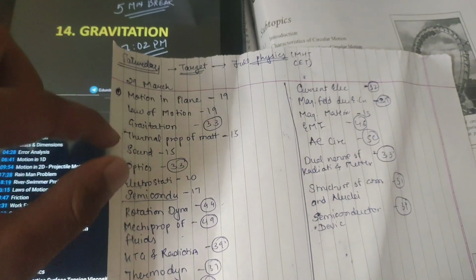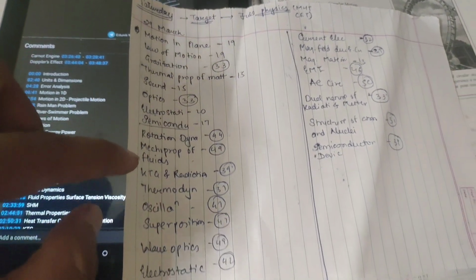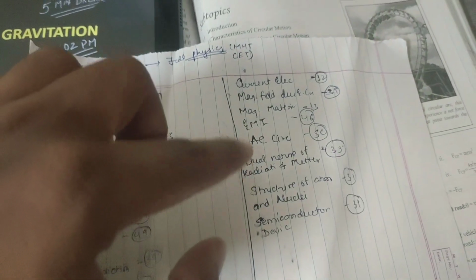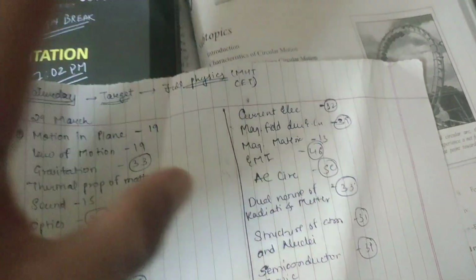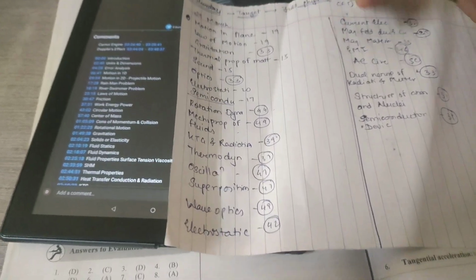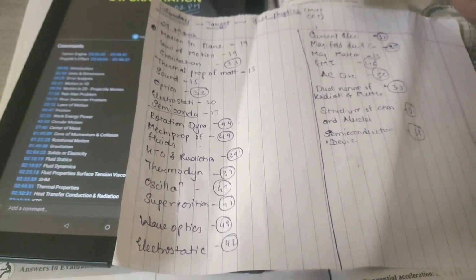I will complete this whole syllabus, all chapters, like 1 2 3 4 5 6 7 8 9 10 ... 18 19 20 21 22 23 24 to 25 chapters in one day. Let's consider 24 chapters, a round figure. In one day we have 24 hours.